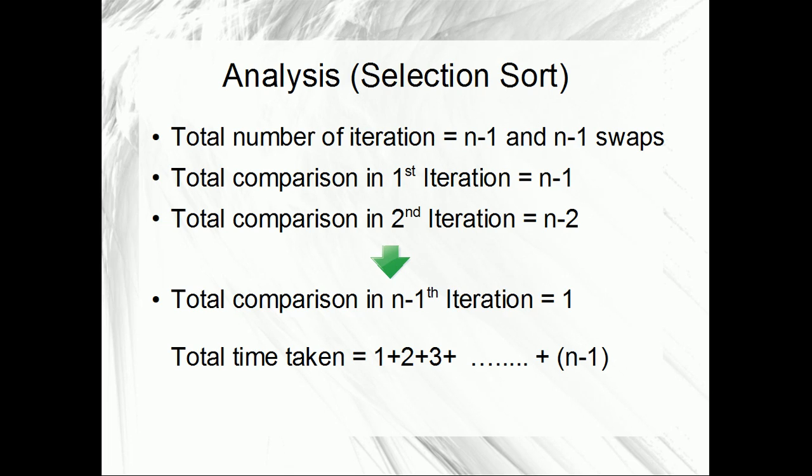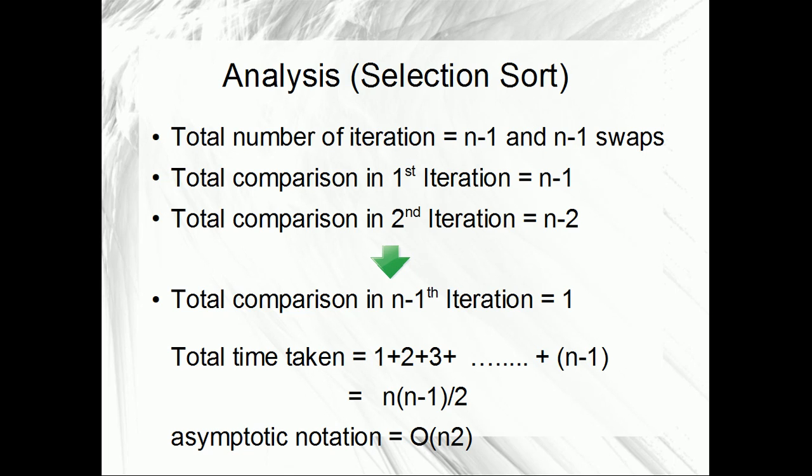The total number of comparisons in the n minus 1th iteration equals 1. Now the total time taken, if we add all the numbers 1 plus 2 plus 3 up to n minus 1, equals n into n minus 1 upon 2. The asymptotic notation will be order of n square.